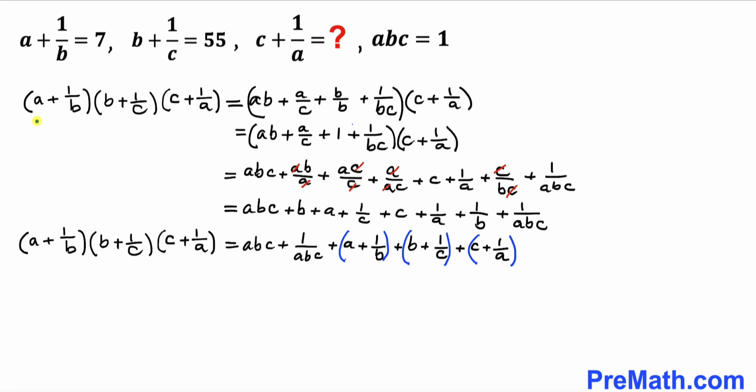So we end up with the left hand side, which is 1 plus a plus 1 divided by b, b plus 1 divided by c, and then times c plus 1 divided by a, equals to whatever we got on the right hand side. And now we can see our a plus 1 divided by b equals 7, so I'm going to replace this by 7.